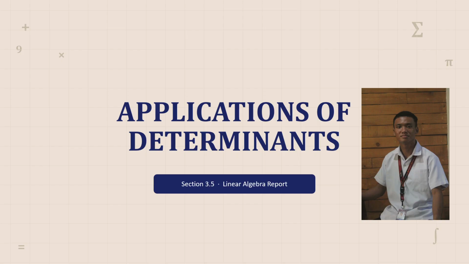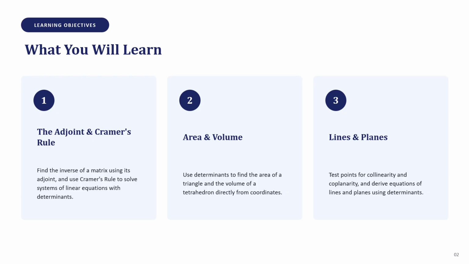But before that, let us go through the learning objectives. First, we'll learn about the adjoint and Cramer's rule: to find the inverse of a matrix using its adjoint and use Cramer's rule to solve a system of linear equations with determinants.